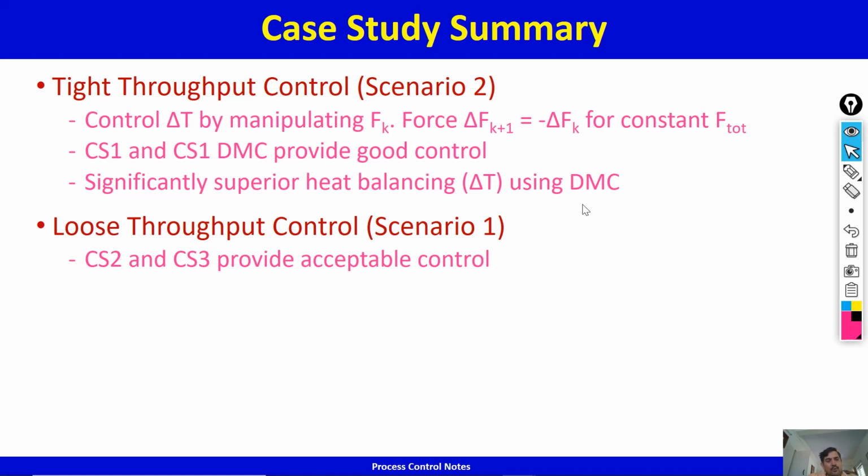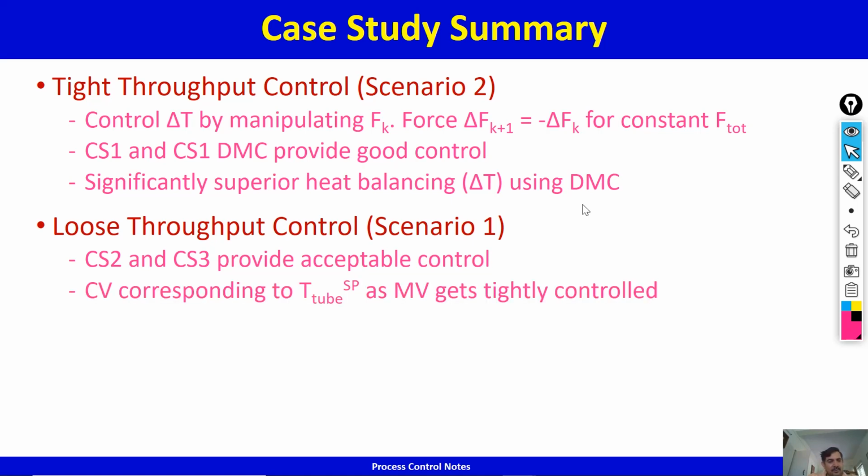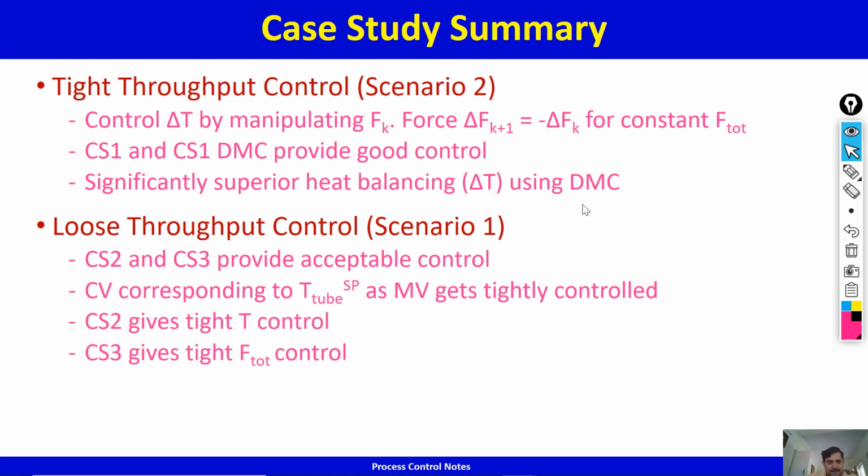If you have loose throughput control, that is scenario 1, CS2 and CS3 both provide acceptable control, and the controlled variable corresponding to T tube set point as the manipulated variable gets tightly controlled. Its control is the tightest because T tube dynamics is much faster than heating rate dynamics.